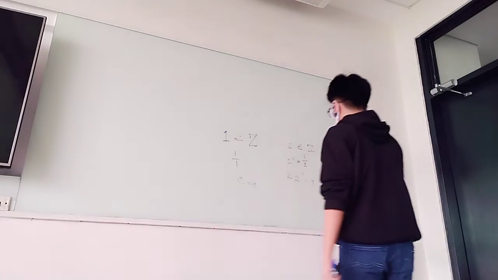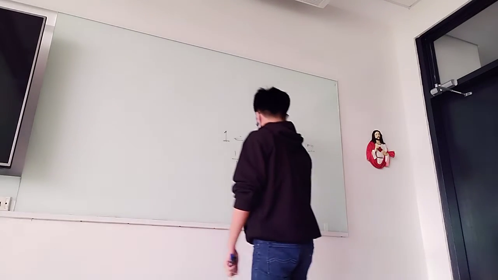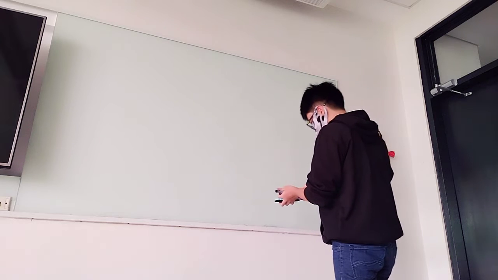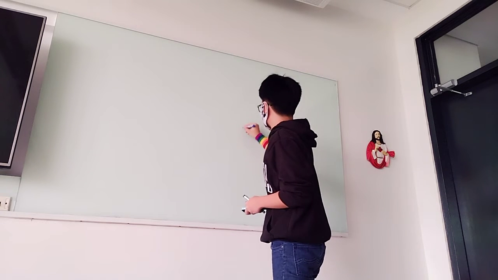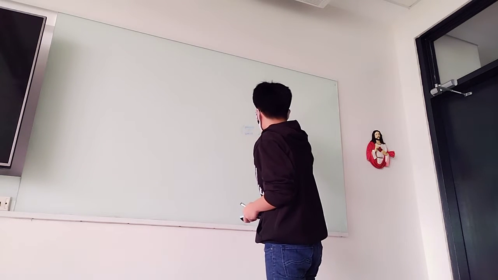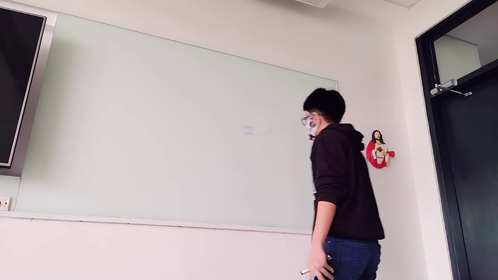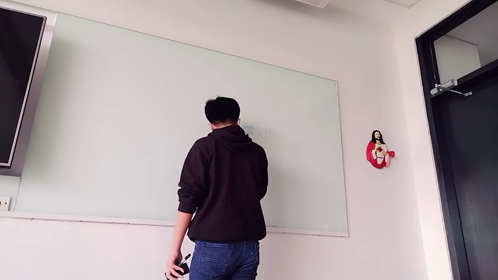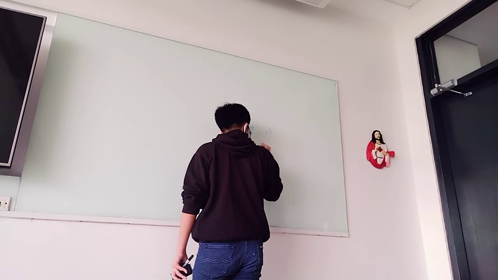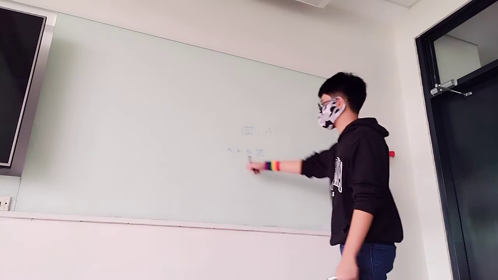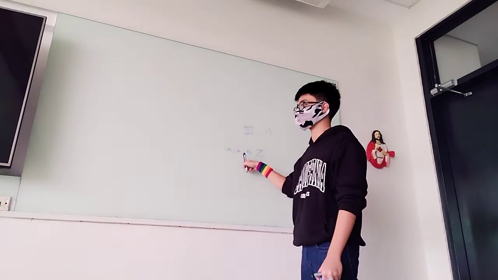So suppose we still have the same group, which is, of course, Z and our multiplication. Suppose we have that, and suppose we have two elements a, b inside Z. I don't expect you guys to not understand this at this point.